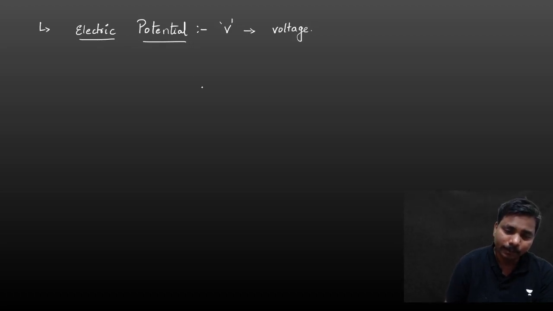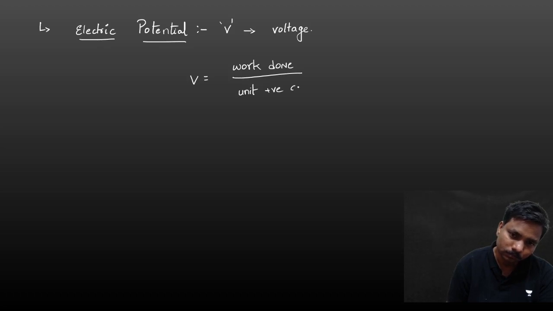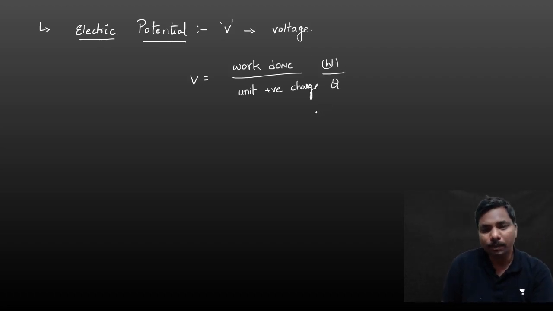Electric potential V is equal to nothing but work done on unit positive charge. So work done W, charge is nothing but Q. So V is equal to W by Q.